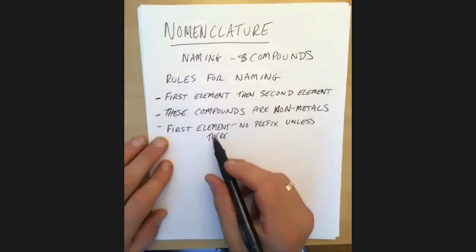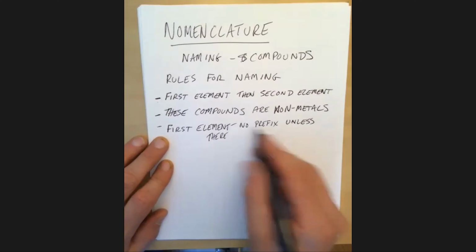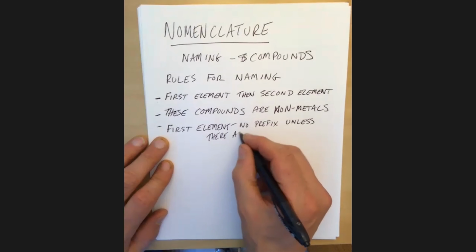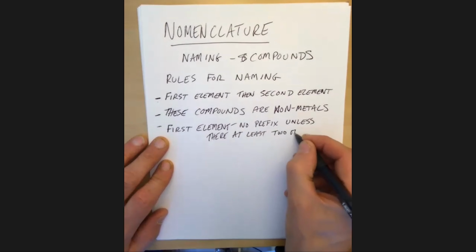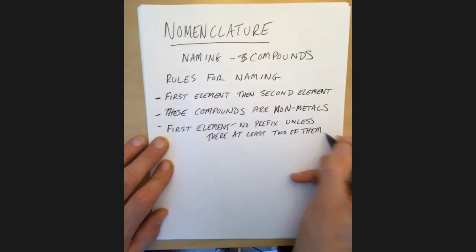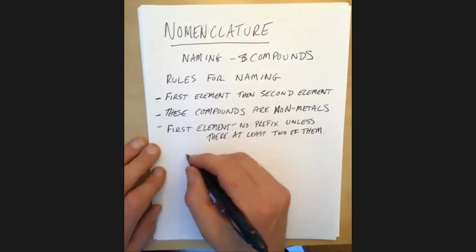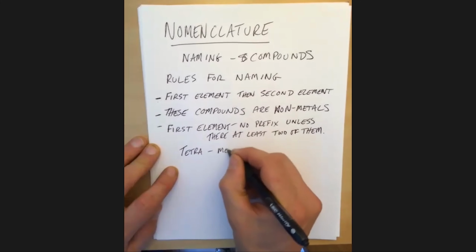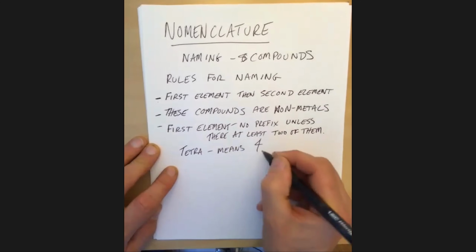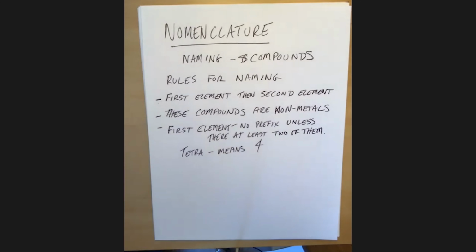So you said in the first element, there's no prefix unless there are at least 2 of them. Correct. And then you said tetra means 4, right? Do you ever see the game called Tetris? Isn't that a game of 4 blocks? I think that's what tetra means. No, it just means the number 4.